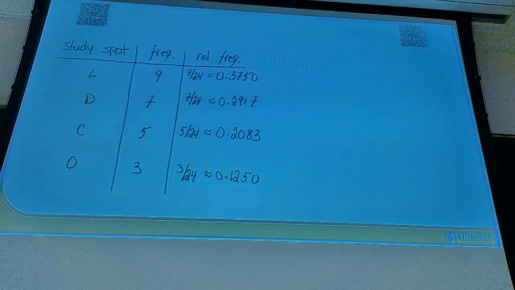And they did actually sum up perfectly to 1. So that'll be our table.